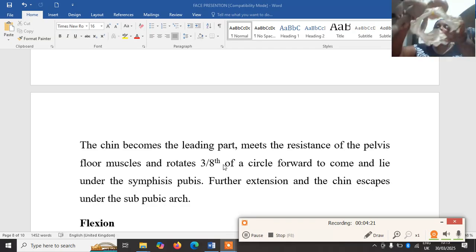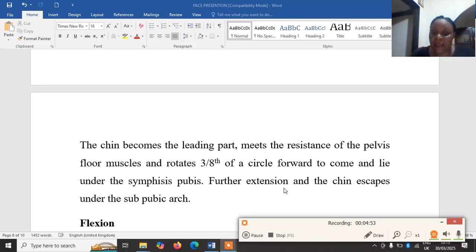That is, because it is mentoposterior, it can rotate from the posterior part of the pelvis, and it rotates anteriorly and brings the chin under the subpubic arch. So this is also a long rotation in face presentation. And this long rotation, it will bring the sinciput under the symphysis pubis.